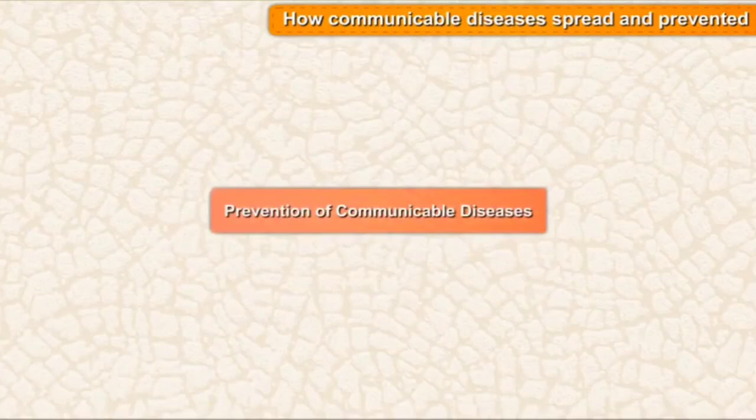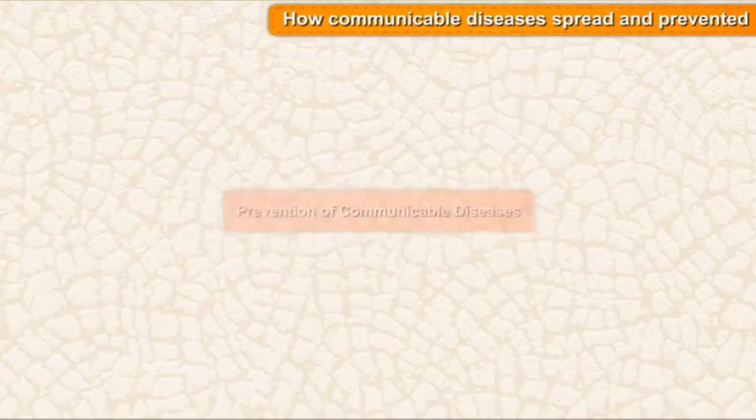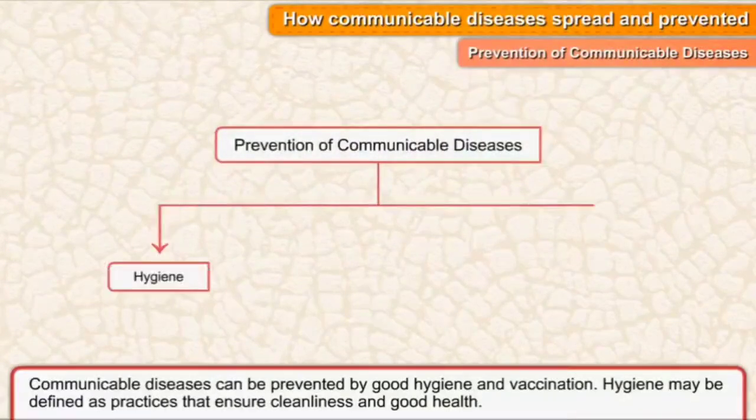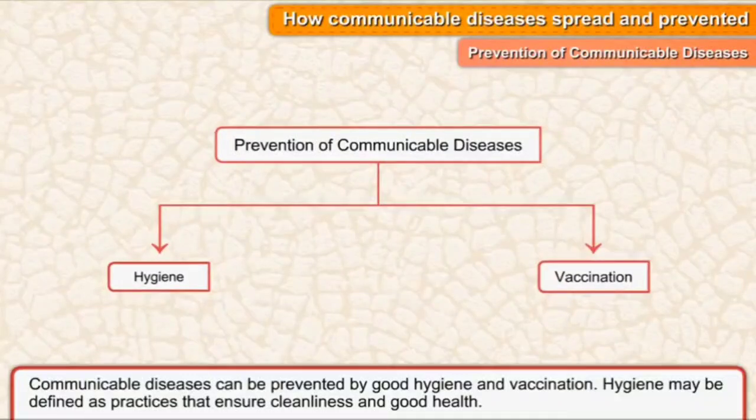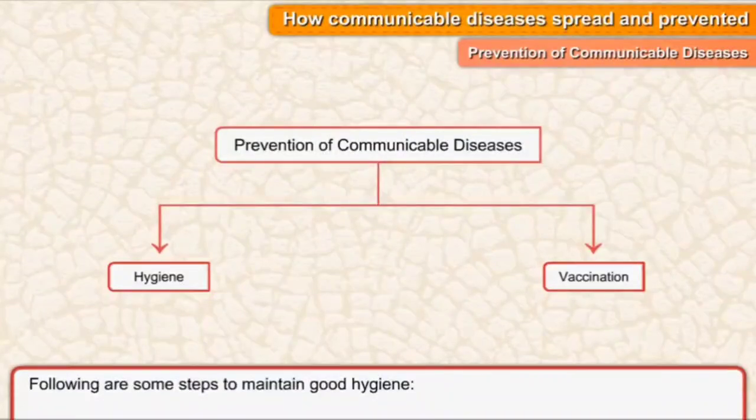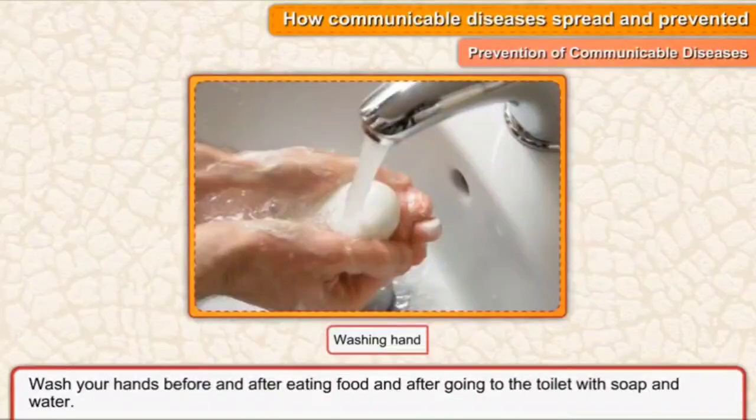Prevention of communicable diseases. Communicable diseases can be prevented by good hygiene and vaccination. Hygiene may be defined as practices that ensure cleanliness and good health. Following are some steps to maintain good hygiene. Wash your hands before and after eating food and after going to the toilet with soap and water.